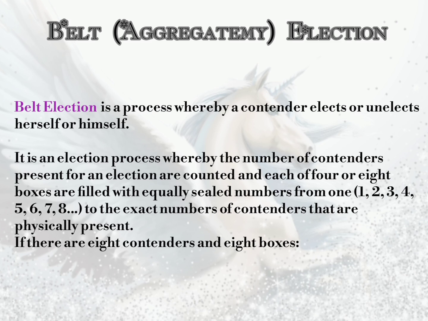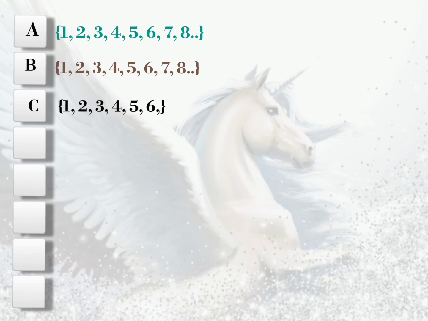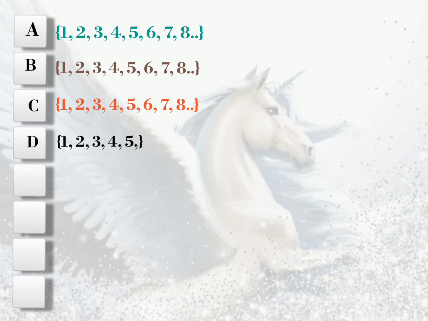If there are 8 contenders and 8 boxes: Box A, 1, 2, 3, 4, 5, 6, 7, 8. Box B, 1 to 8. Box C, 1 to 8. Box D, 1 to 8.